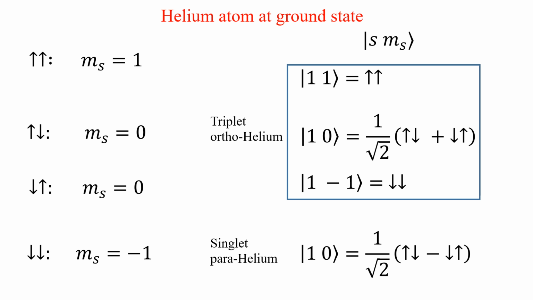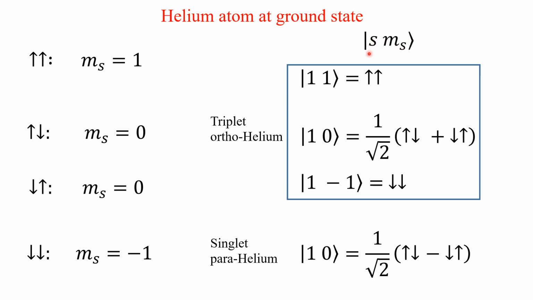We have taken the helium atom as our example. In the helium atom, we have two electrons, that is, the spin is half plus half. The total spin is 1. This ket vector can be written in the conventional way, S, ms, where ms is the spin quantum number.